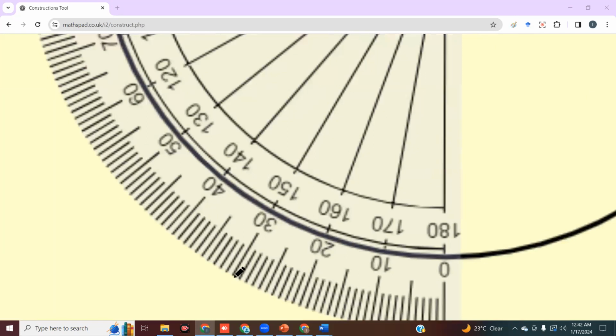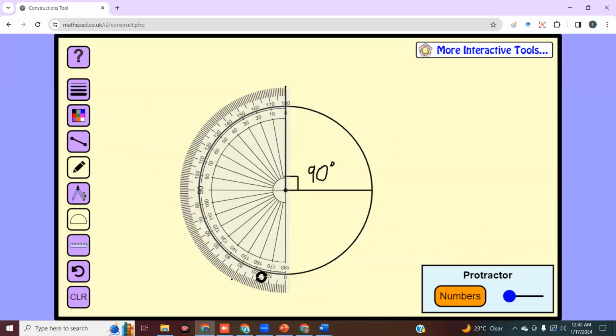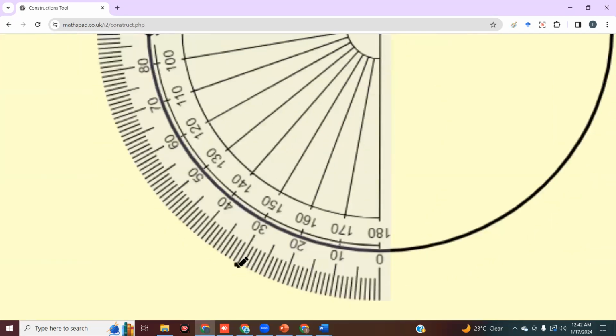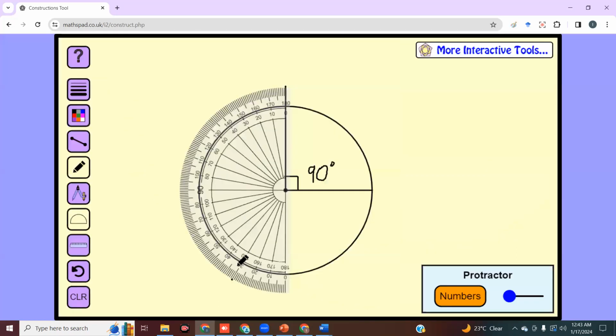So 150 should be right there. A little bit more. Right there. Okay, good. So that's 150. It's a little off, so let me draw another point to show it properly. There we go. Okay, good. So 150 is going to be right there.